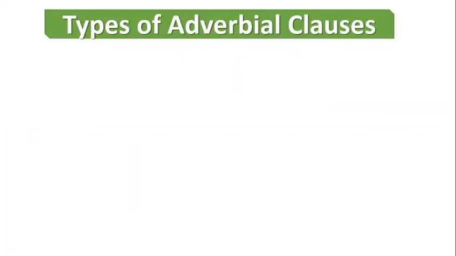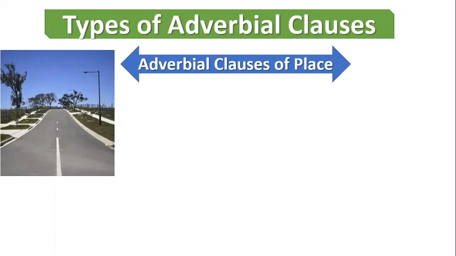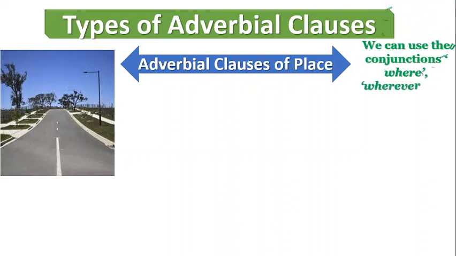Let's take another one, another type of adverbial clause called the adverbial clause of place. Adverbial clause of place tells us about where something happens. We can use conjunctions such as where, wherever, and everywhere in this sentence.